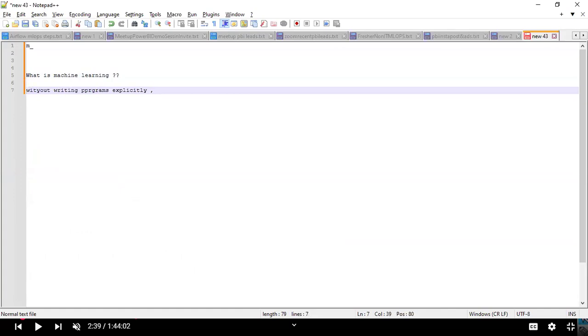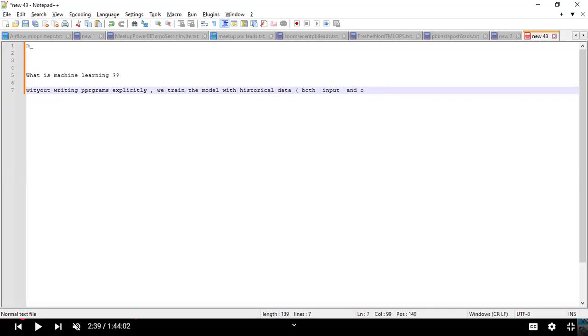Without writing programs explicitly, we train the model with historical data. Historical data in the sense that the historical data should contain both input and output features.